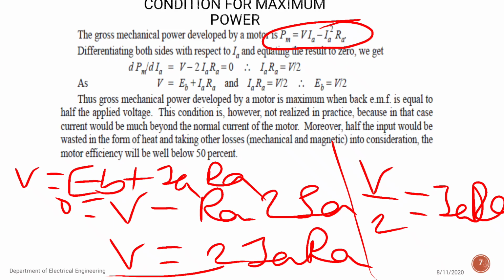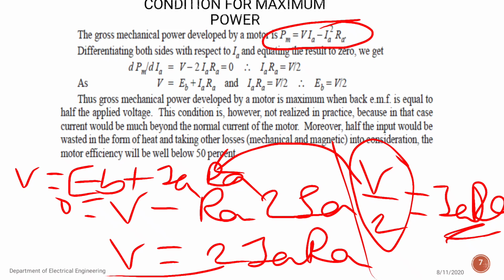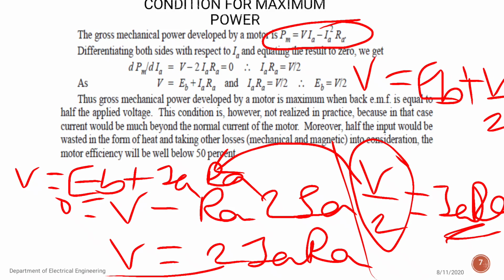Right now we have the value for IA RA. IA RA's value is nothing but V by 2, so we will replace this value in this place. Once we replace it, it will become V is equal to EB plus V by 2. Am I right?